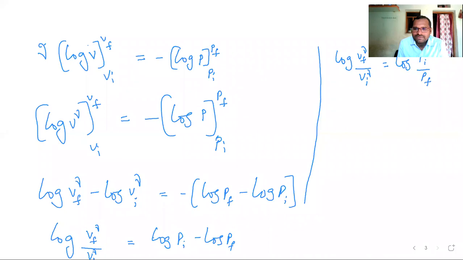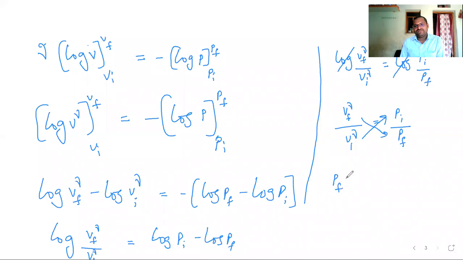Now apply anti-log both sides. Log will cancel. You will get V final power gamma upon V initial power gamma is equal to P initial by P final. Let us cross multiply it. We will get P final V final power gamma is equal to P initial V initial power gamma.